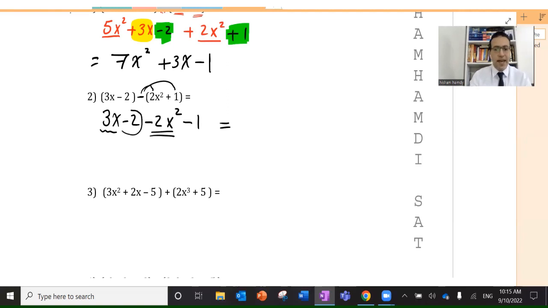But regarding -2 and -1, I have like terms. So I've got to add them up. So it's -2x squared plus 3x. If I don't have a sign here, I add plus. And -2 minus 1 is -3.